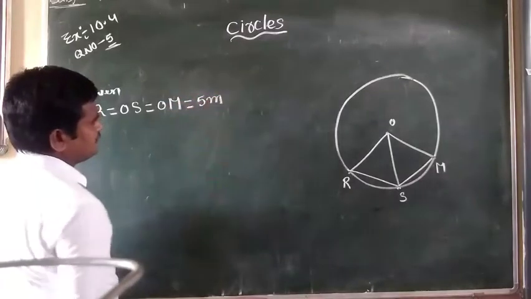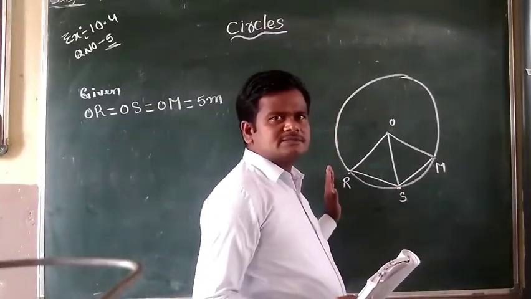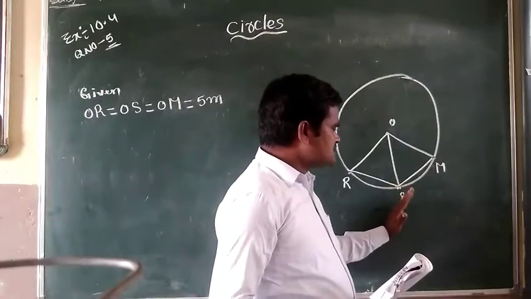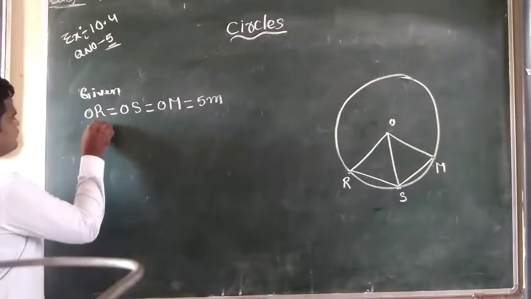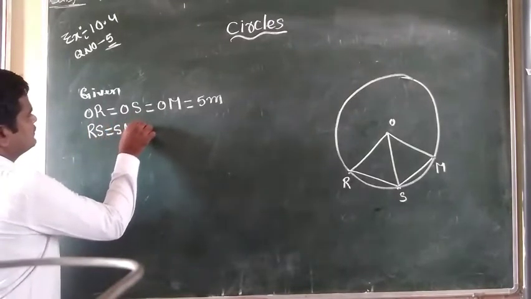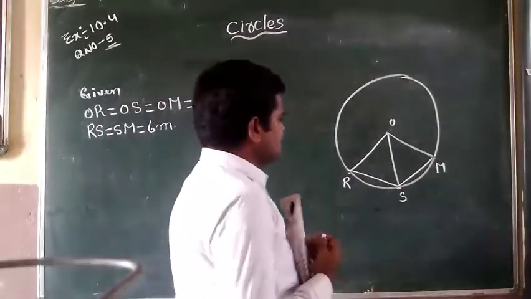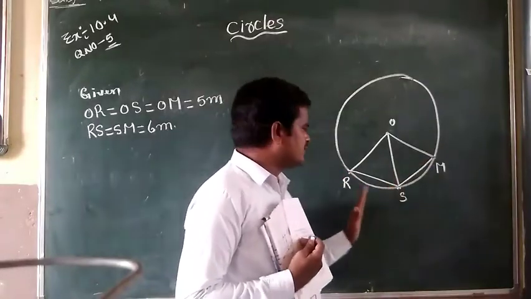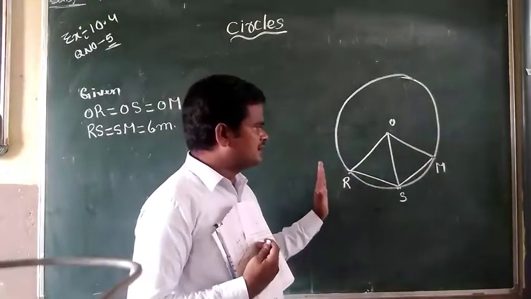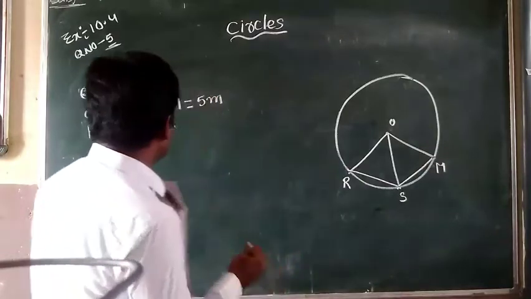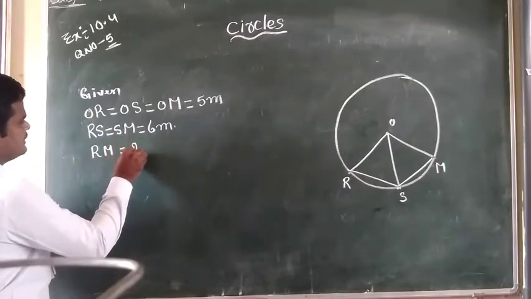The distance between Reshma and Salma is 6 meter, Salma and Manideep also 6 meter, RS and SM equal to 6 meter. You need to find the distance between Reshma and Manideep, so you have to find RM.